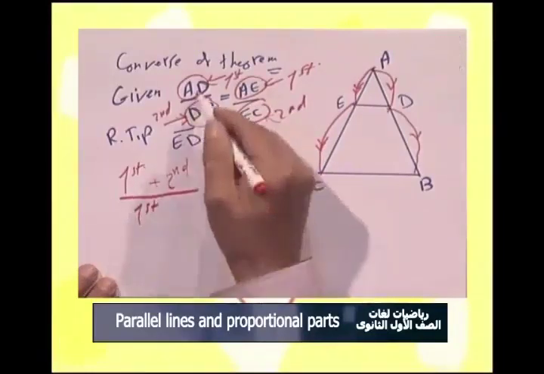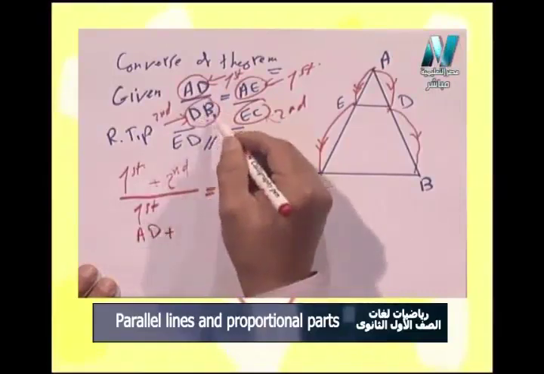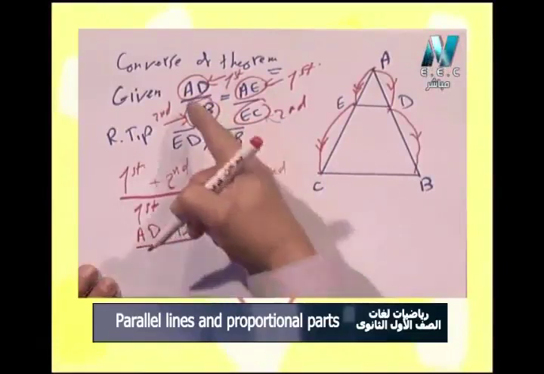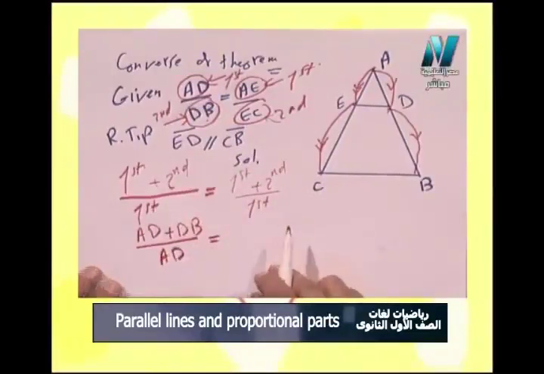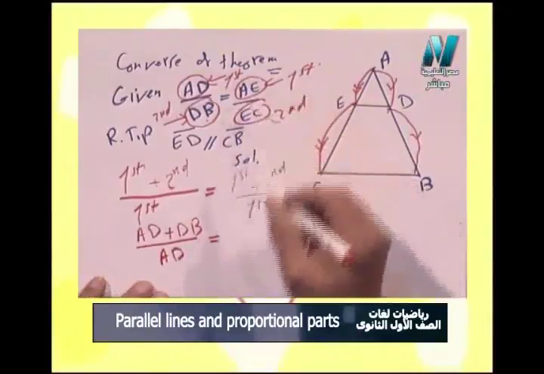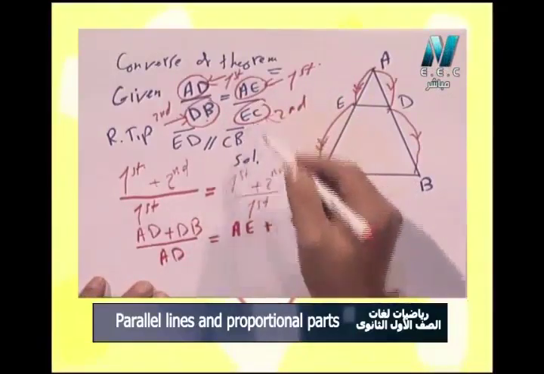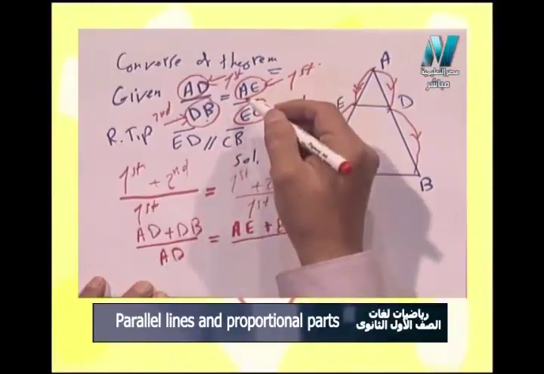First term here is AD, plus second term DB, over the first term, which is AD itself, will be equal, from the second ratio, to first term AE plus second term AC over first term, which is AE.